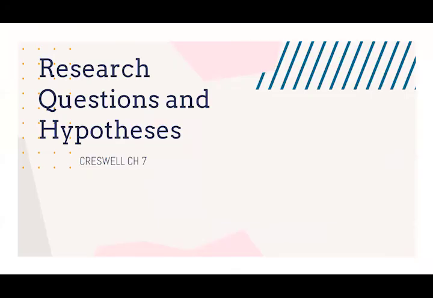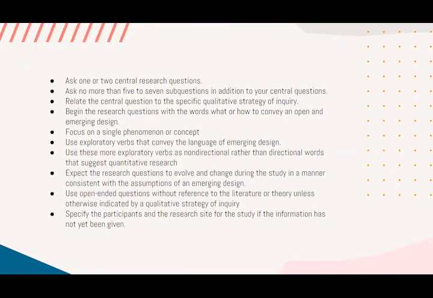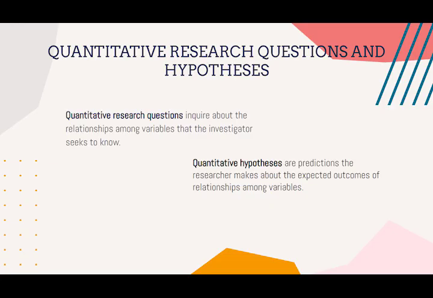Now we have quantitative research questions and hypotheses. In quantitative research, the researcher inquires about the relationships among variables that the researcher wants to know. And quantitative hypotheses are predictions the researcher makes about the expected outcomes of relationships among variables.